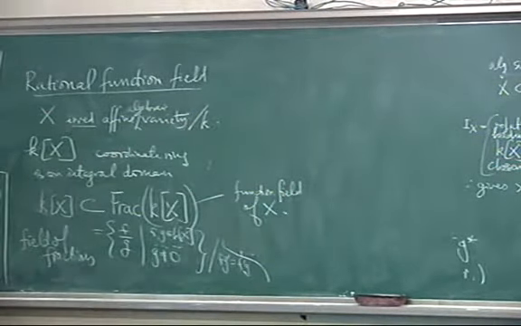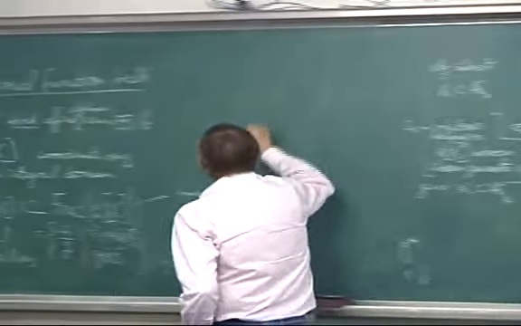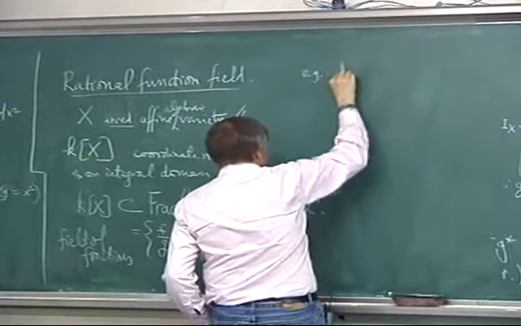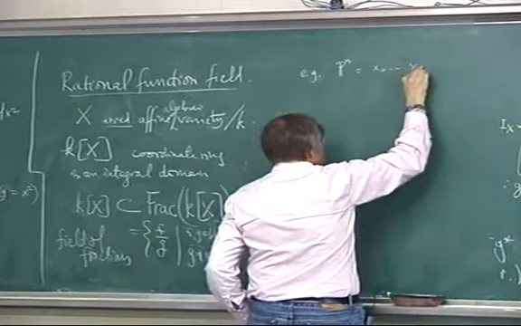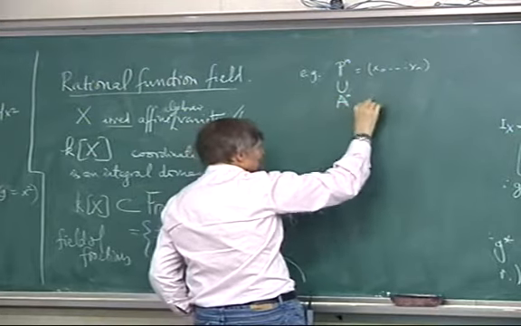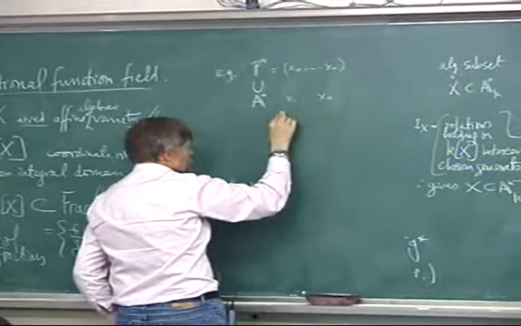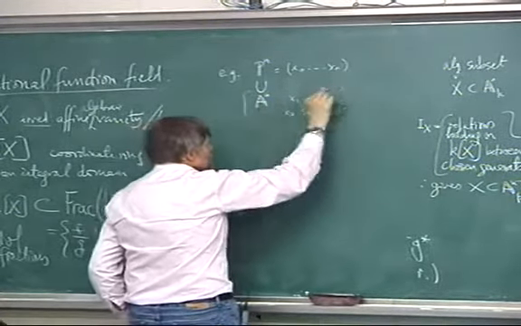And we've already seen examples of using this. For example, if I was thinking of projective space Pn with x naught up to xn. Here I had affine space An, with x1 up to xn with x naught set equal to 1.